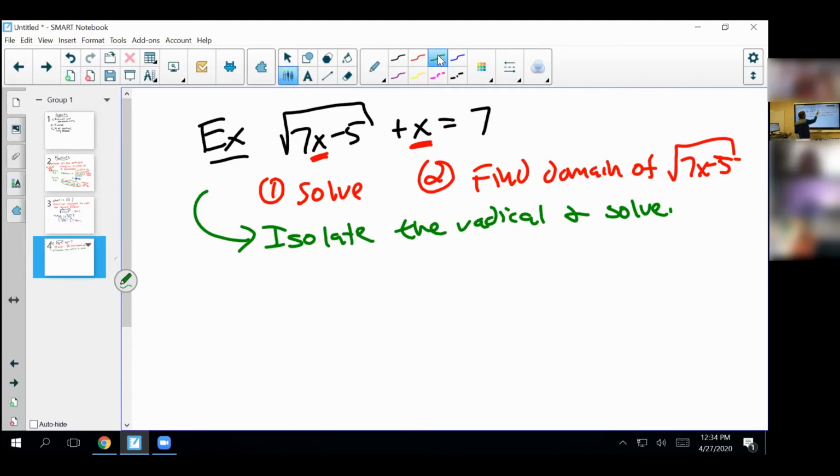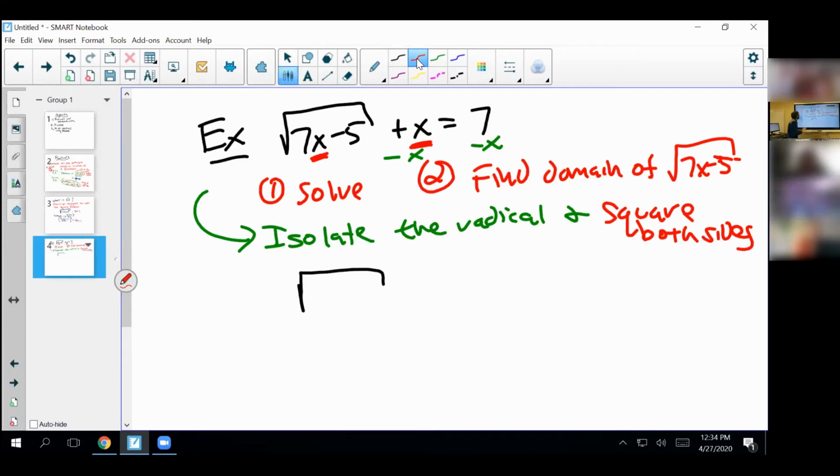To get us started here, let me just subtract this x over, because that'll basically isolate the radical right off the bat. Oh, sorry, I didn't mean solve, I meant square. Well, we want to solve too, I guess, but we want to square both sides. Anyway, going back to this problem, we're subtracting x from both sides. We got this.